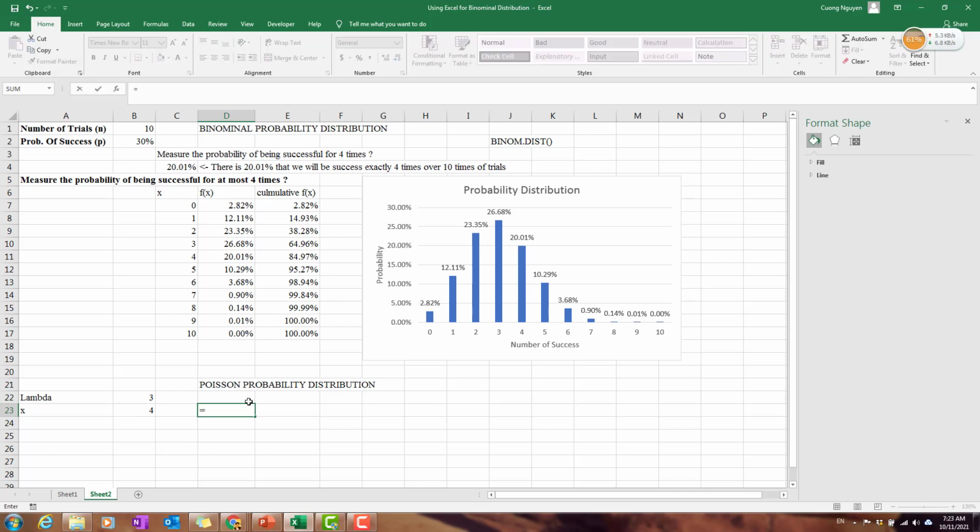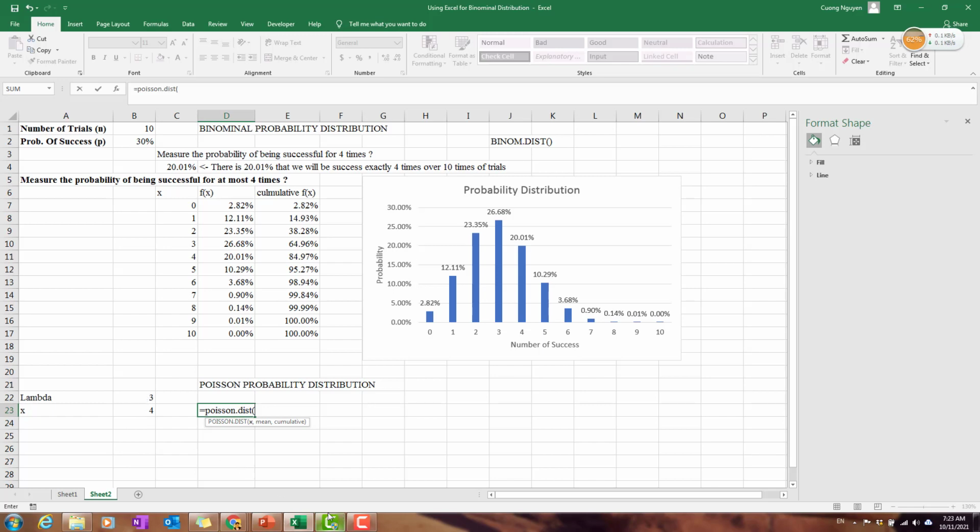So all you have to do is apply Poisson dot distribution, and then x will be equal to right here. That would be the same, right?